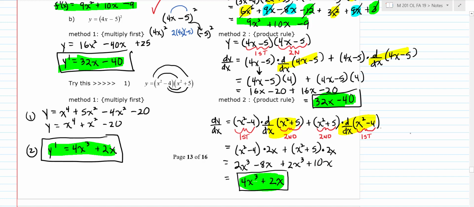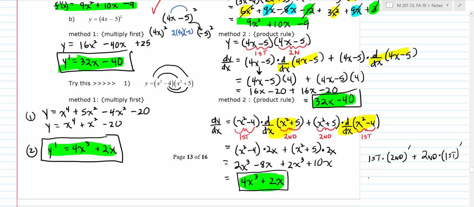Now, sometimes textbooks show it this way. I like to show first times derivative of second. You can kind of write it this way if you want to. Plus second times derivative of first. That's just the way I guess I was taught how to do that, and I've been doing it that way for years.